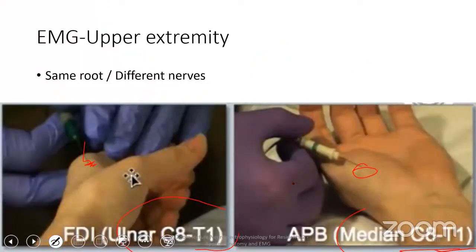So you can see in the upper extremity, same root, different nerves. Same root, C8 T1, but different nerves, ulnar and median. If you are testing for the same root and you have to test two muscles, that is first dorsal interosseous, which you can see here, and also abductor pollicis brevis, which you can see here.